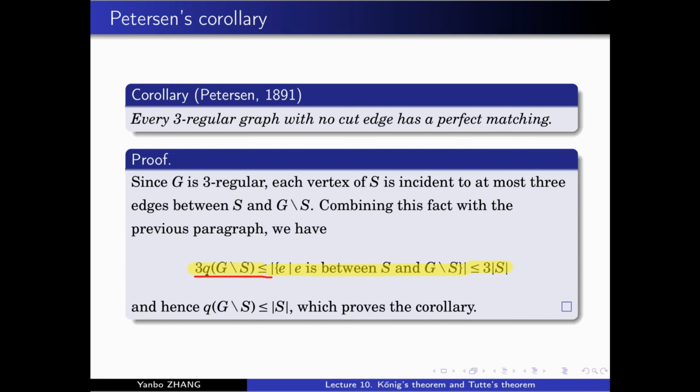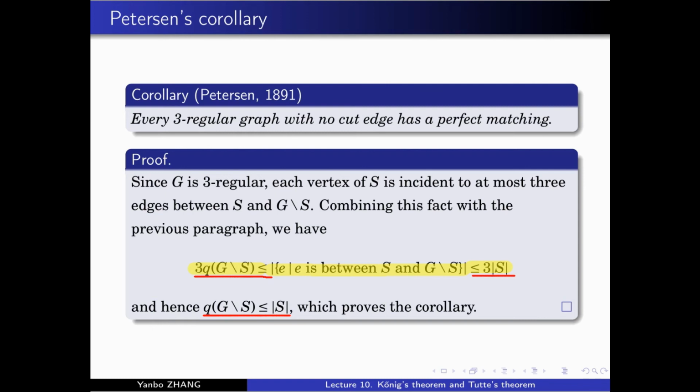There are totally Q(G minus S) odd components, and each component has at least 3 edges sending to S. So there are at least 3 times Q edges between S and G minus S. So we have 3 times Q(G minus S) is less than or equal to 3 times the size of S. So we have Q(G minus S) is less than or equal to the size of S, which proves the corollary.